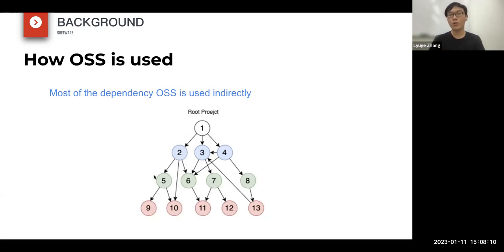So in fact, you would also use these green nodes and red nodes, the libraries that you didn't choose as your own dependencies, but they are called indirect dependencies. All the dependencies altogether form the dependency graph that makes your direct dependencies function properly.